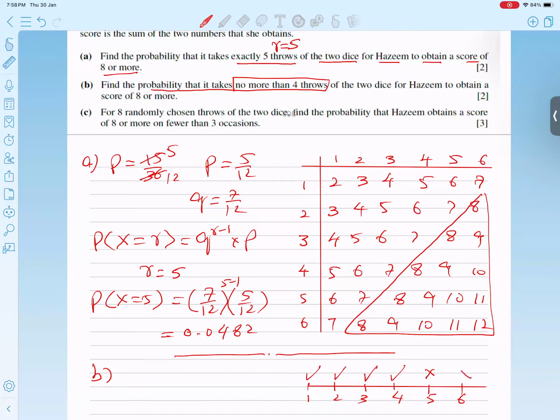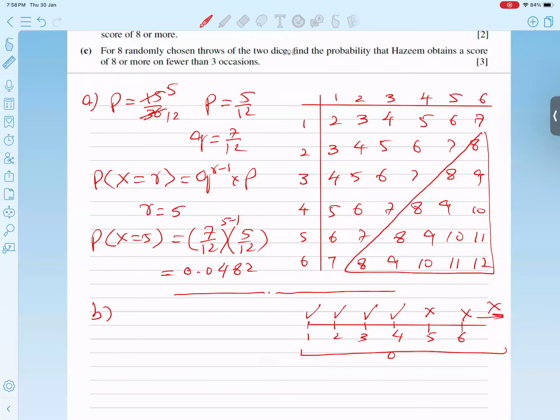This I don't want, and onwards I don't want. Again this is geometrical probability. I need this, and you know very well the sum of all is 1. So how can we find the probability? 1 minus the probability that X is more than 4. If I find it, I can get my answer so easily.